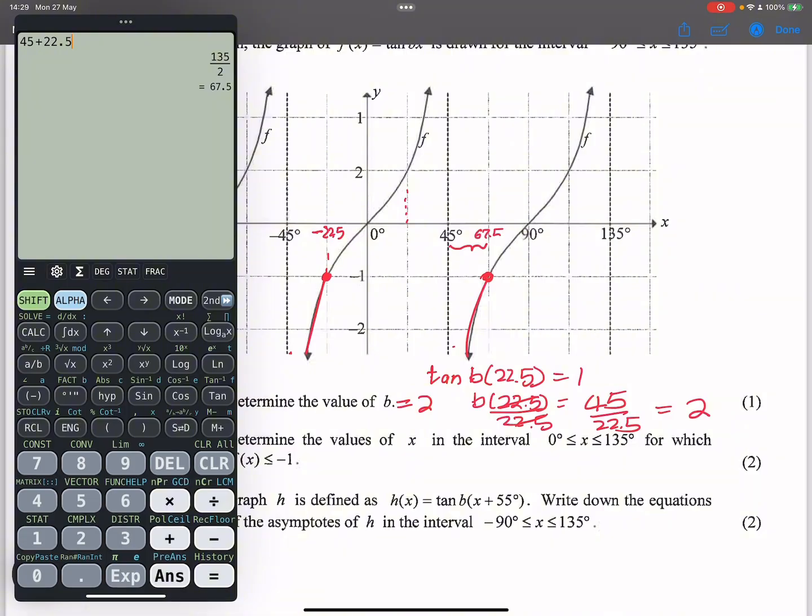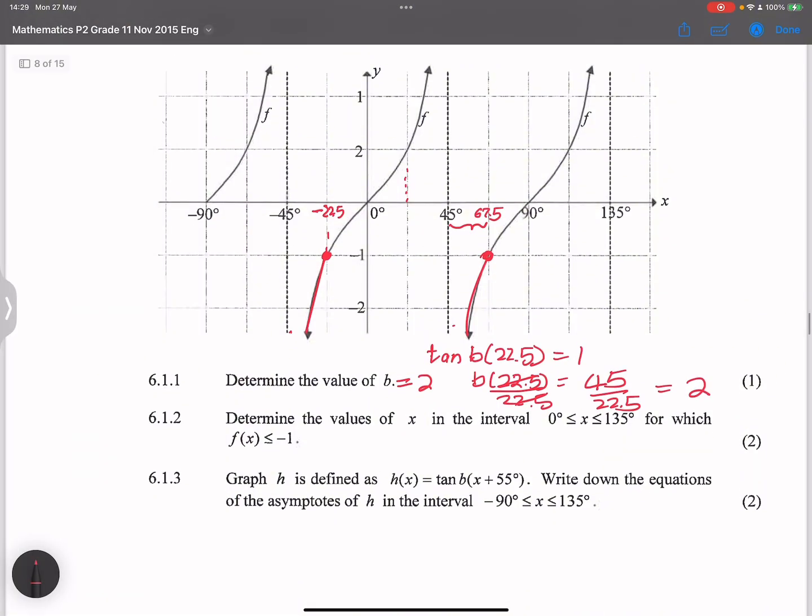Okay, so now that means that it should be less than or equal to -1 between x is an element of. Now note, I'm not going to include -45. Remember, our graph is undefined there, right? Till -22.5. Oh, actually, they said between 0 and 135. Sorry about that. So which means we're only focusing on the positive side. So x is an element of, right?